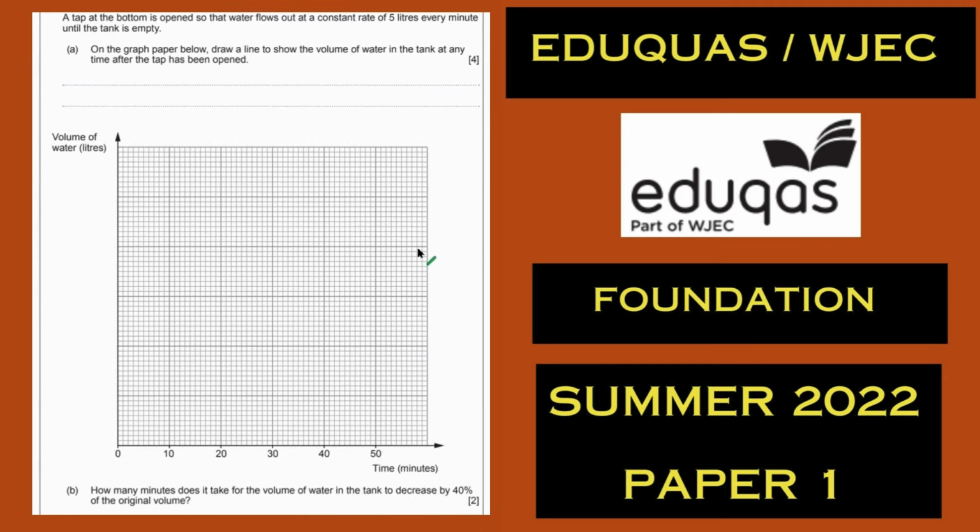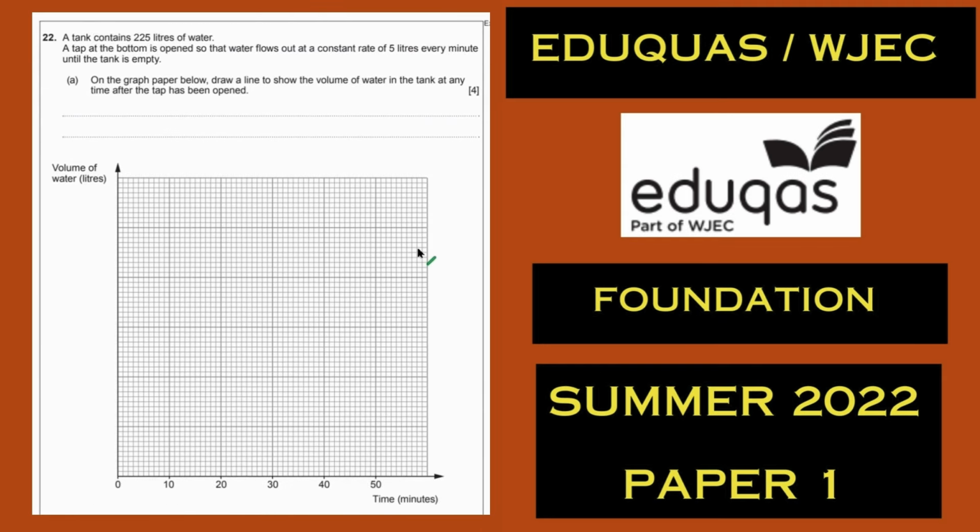Number 22. We've got a tank, 225 litres of water. First thing to do is to consider your labels. There are no labels. We're going to need labels. We need to make sure that the label on the y-axis goes up to at least 225. So how does that work? Go up in 50s. 100, 150.